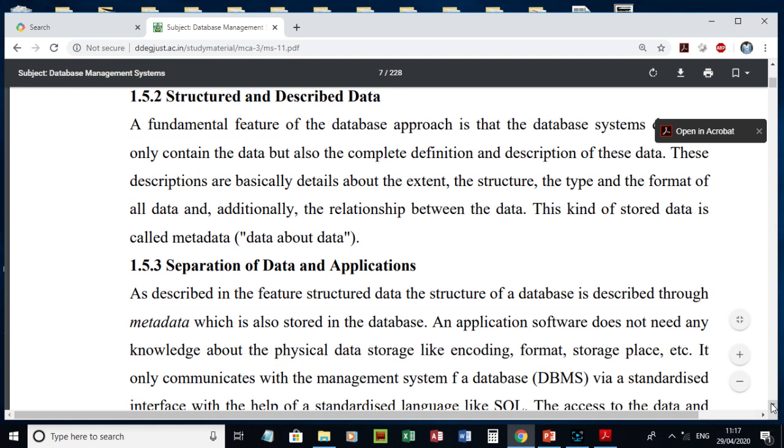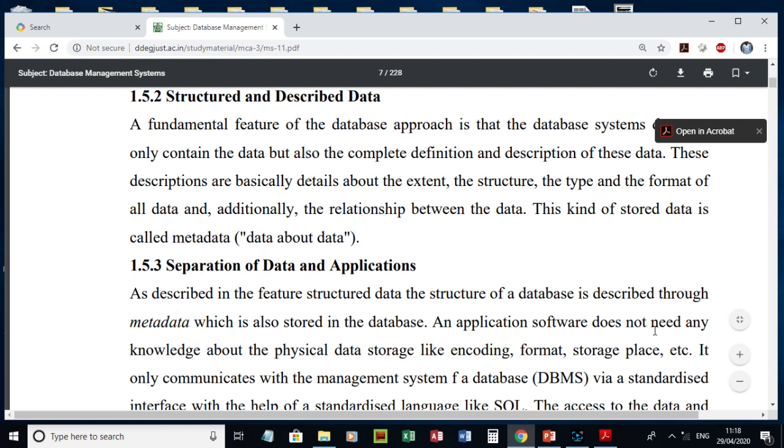As described in the feature, structured data. The structure of the database is described through metadata, schema and sub-schema, which is also stored in the database.